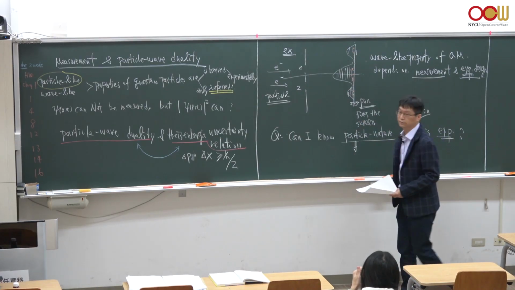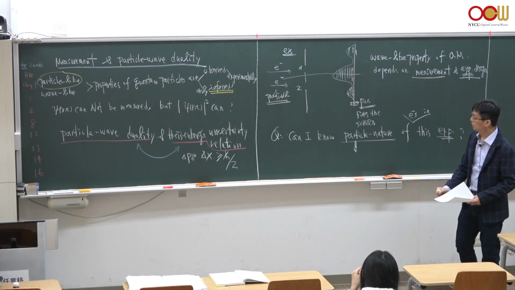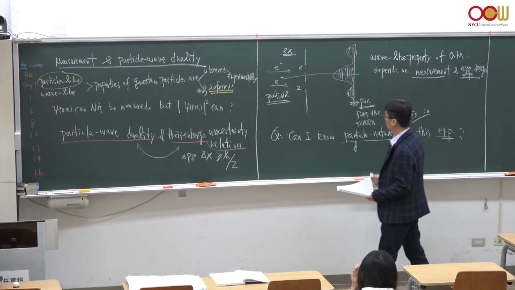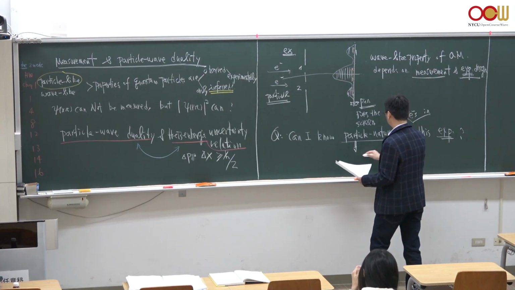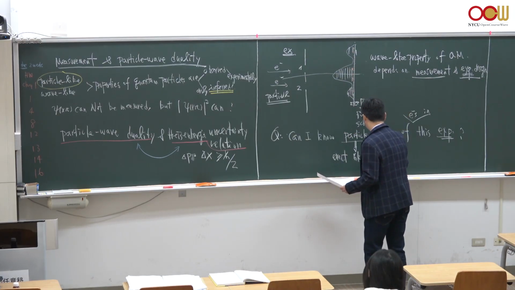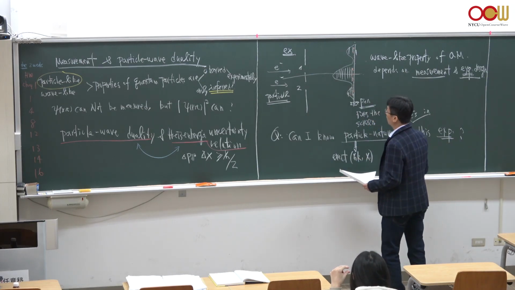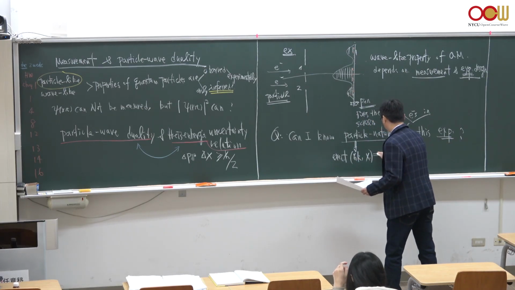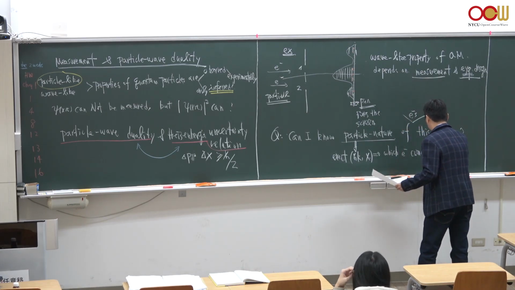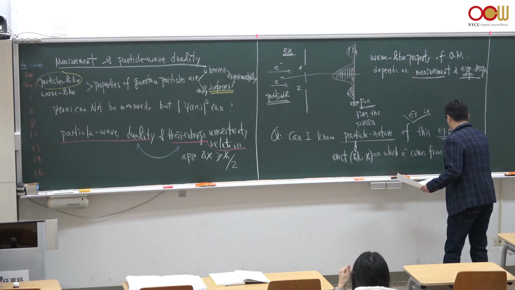The particle nature refers to the fact that I know the position and I know the momentum of the electrons, right? So the exact momentum and position, which also implies knowing which electron comes from where.